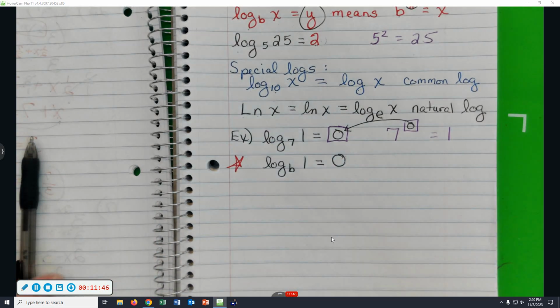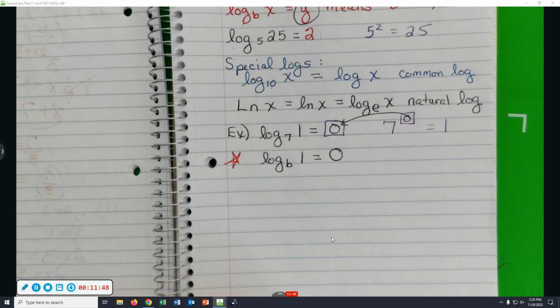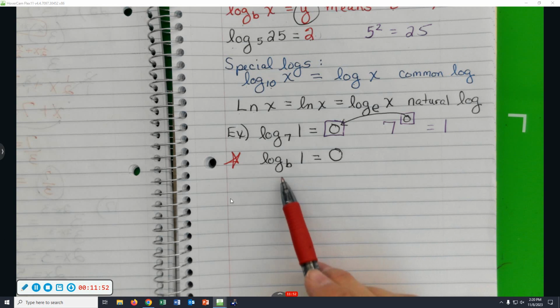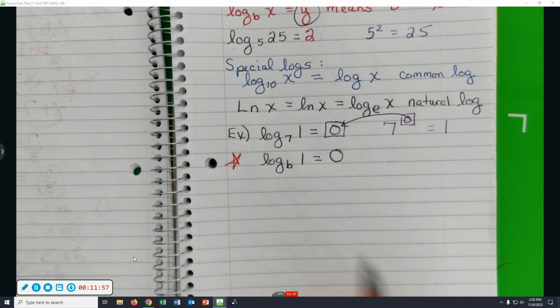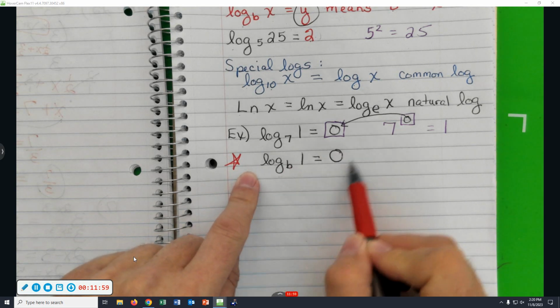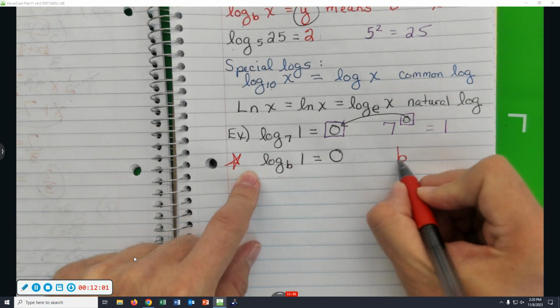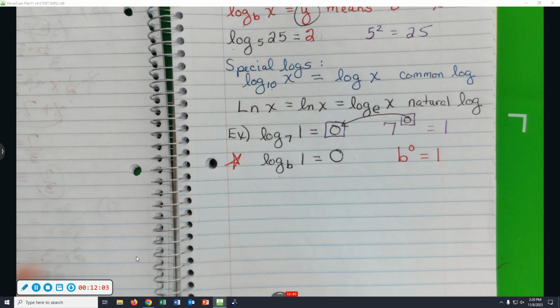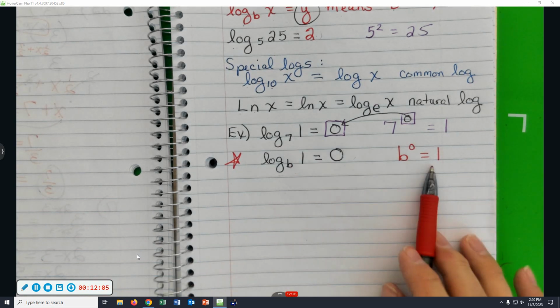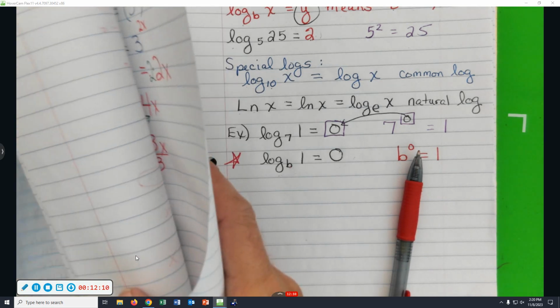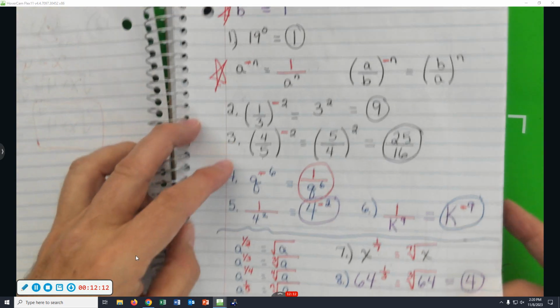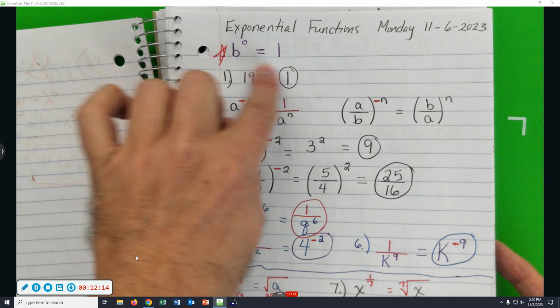If someone says, tell me a logarithm rule, you can say log base b of 1 is 0. Anything to the 0 power is 1. Think about that. This is the exact same thing as this. They mean the same thing. It's just two ways of writing the same statement, and that's how I wrote it over here on Monday. The first thing, b to the 0 is 1.